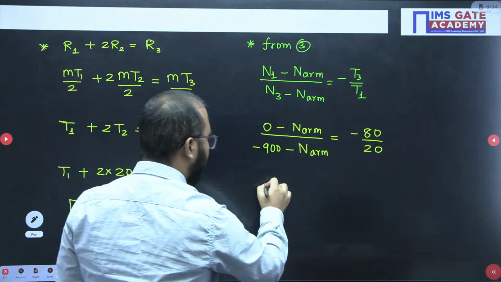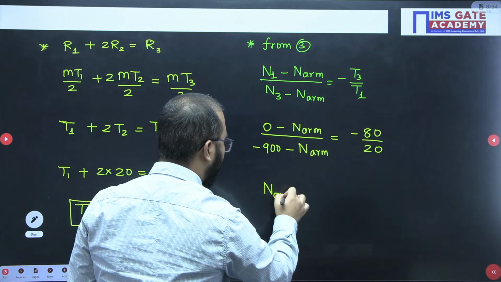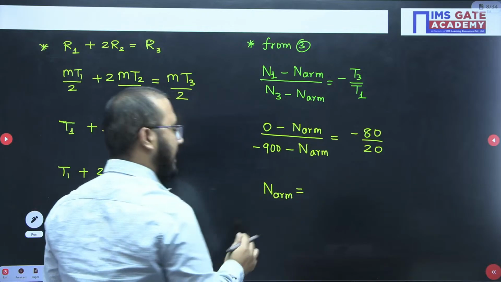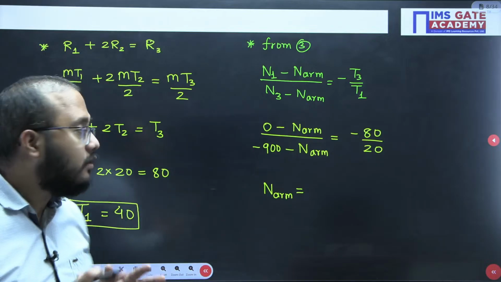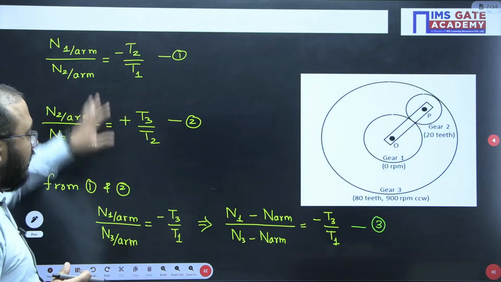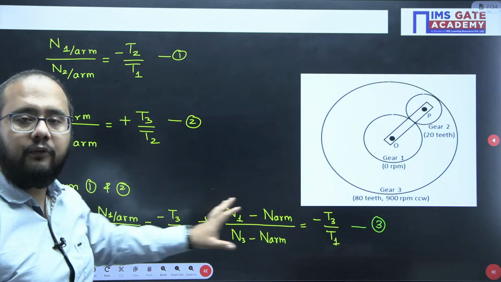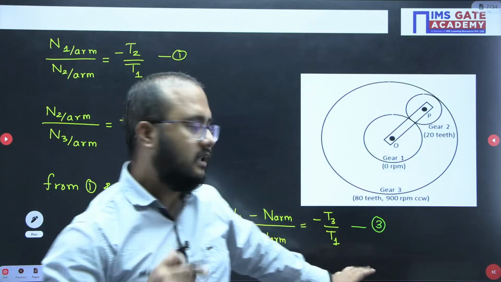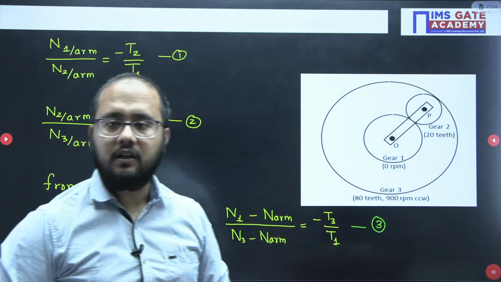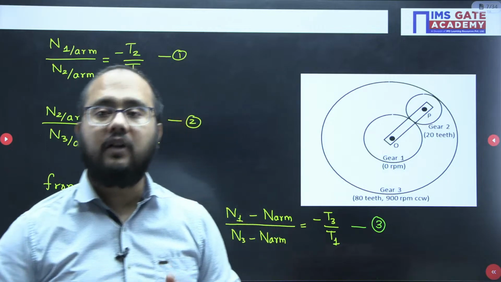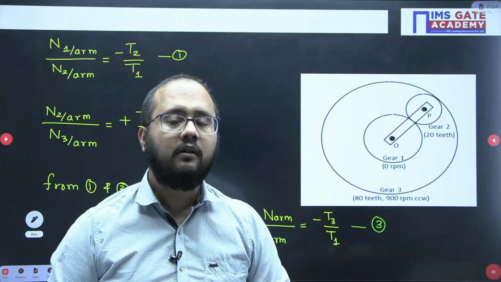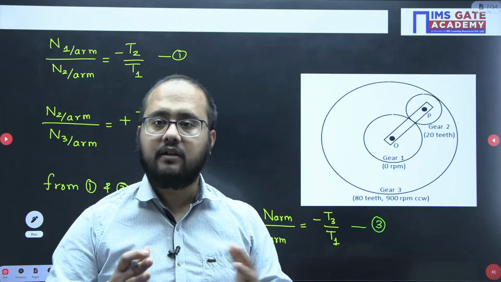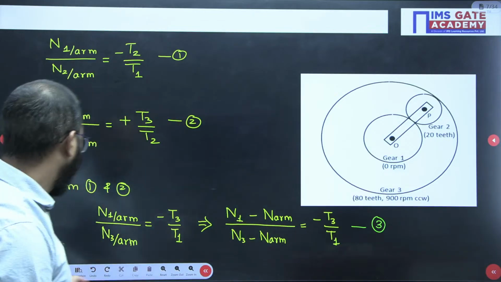Now from here you can easily get the speed of rotation of the arm. So that much basic part you can easily do. I hope the approach is clear for how we solved this question. Using relative velocity ratios we found this relation, but the problem was T1 was not given in the question. So we used the data which is available to us, and from that data we easily found the value of T1.